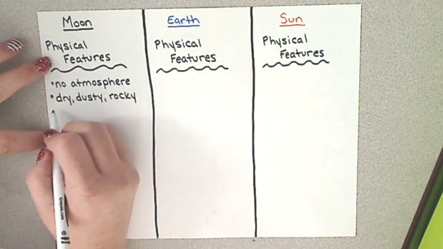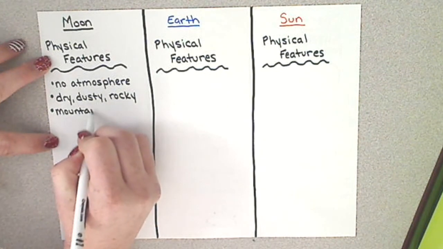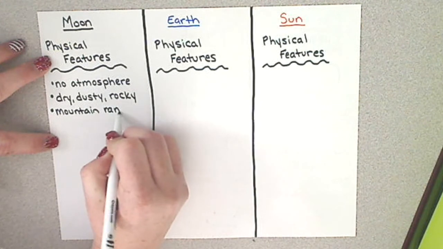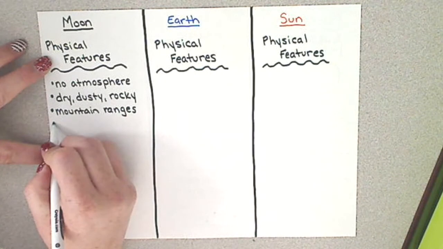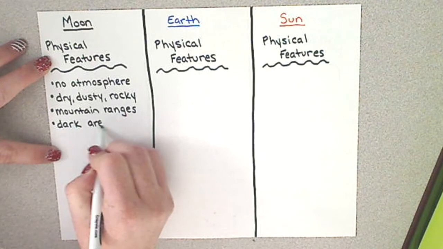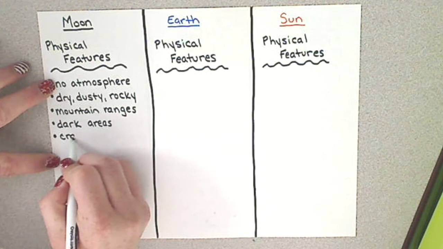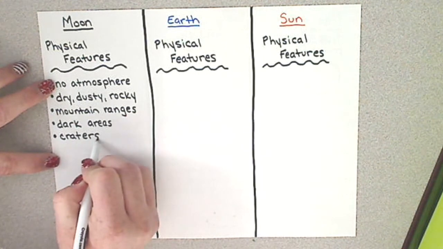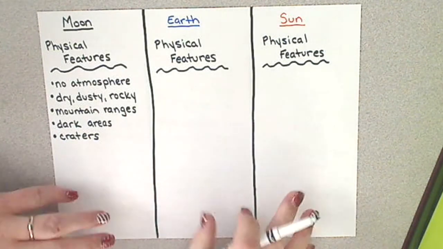There are mountain ranges, just like Earth. There are dark areas. And there are craters. Craters are created when something impacts something else. So you'll learn more about craters as you read through the articles that you're going to be looking at this week.